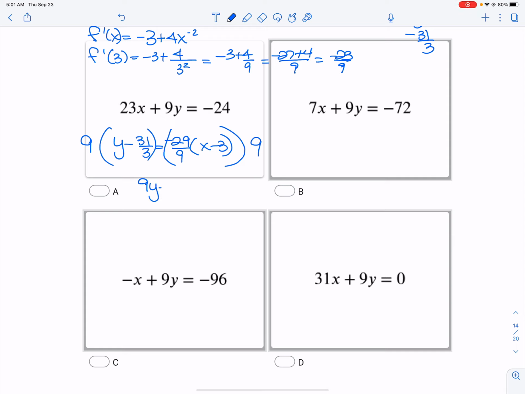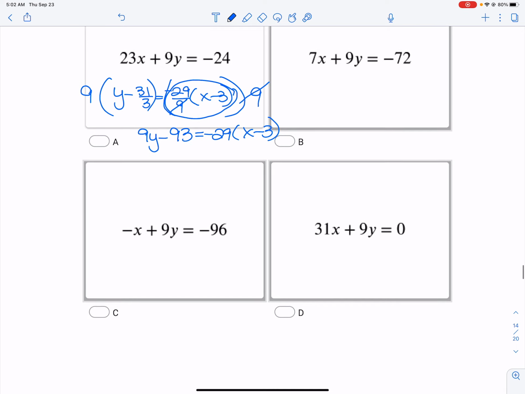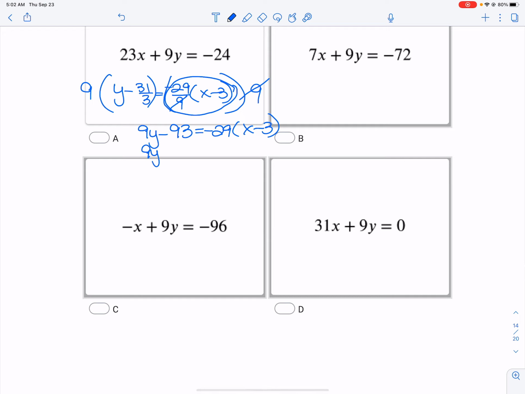So this gives me 9y minus 3 times 31, which is 93, is equal to negative 29 times x minus 3. This inside the parentheses is a multiplication, so the 9's just cancel out. Now I have 9y minus 93 is equal to negative 29 times x minus 3, which gives me a plus 87.